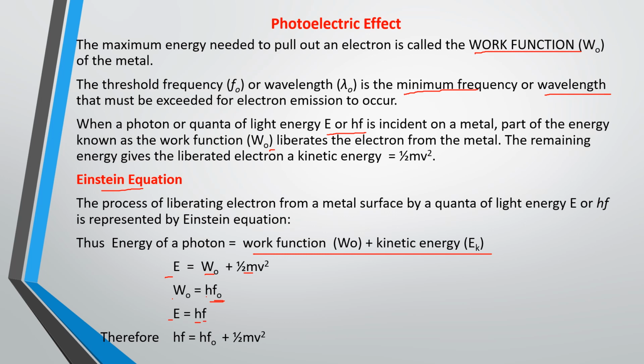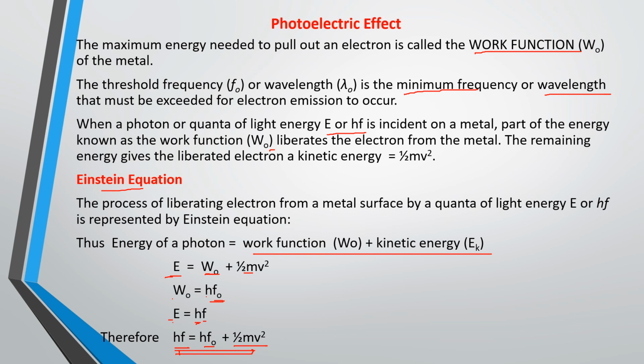We said threshold frequency is the minimum frequency that must be exceeded for the electron to be ejected from the metal surface. So if you combine these equations together, you are going to have E = hf, W0 = hf0, which is the work function, and then you have the kinetic energy, which is EK. You need to take note of this equation.